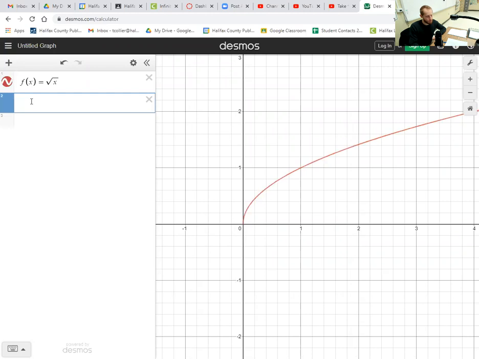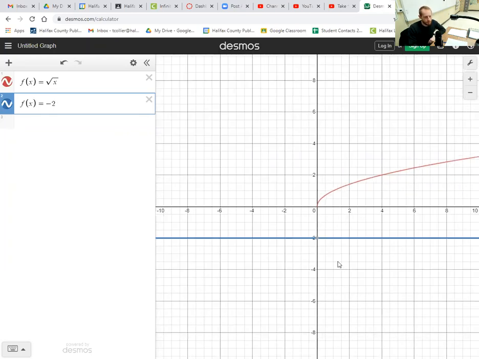So if I was to type in another function, let's say f of x is equal to -2. And then let me zoom out. What you'll notice is these two graphs are never going to cross. So square root of x is equal to -2.